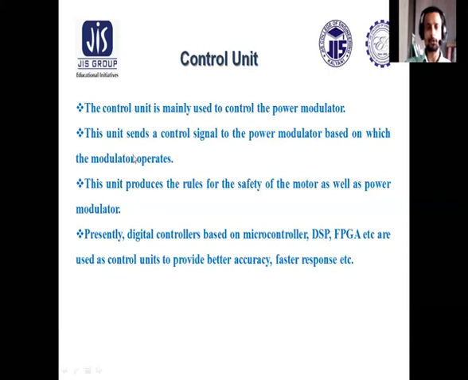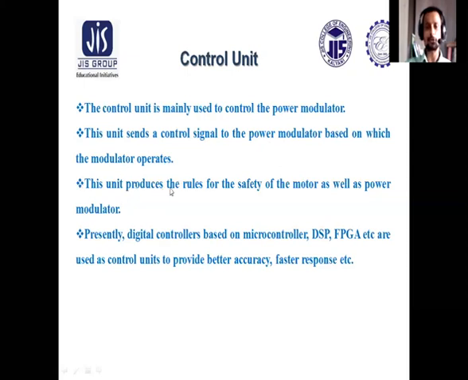So you have already started PWM operation. How is PWM generated? PWM is generated by the control unit, which is then fed to the gate terminal of the power modulator switch. This unit sends a control signal to the power modulator based on which the modulator operates.